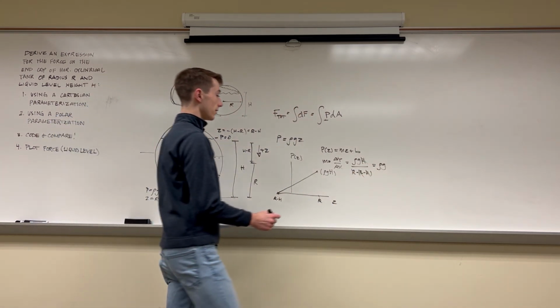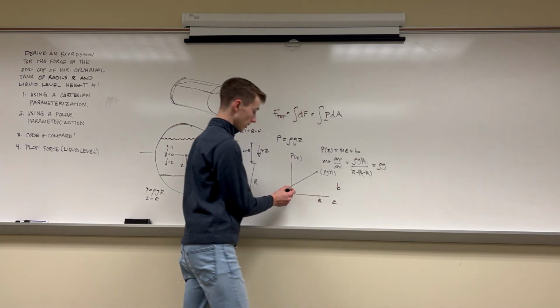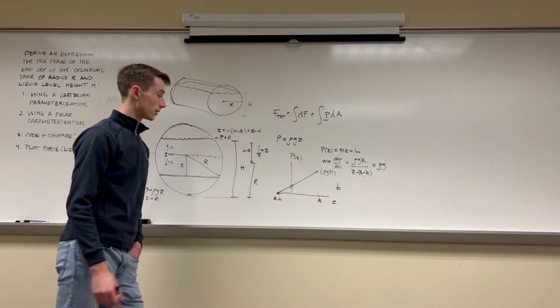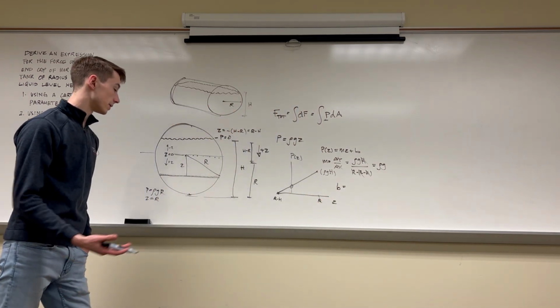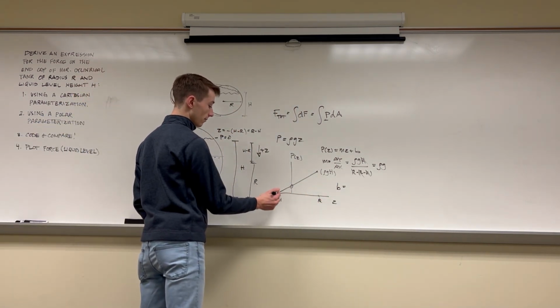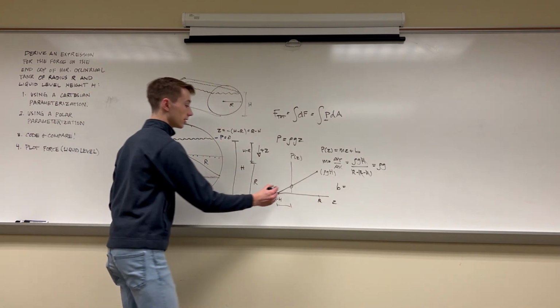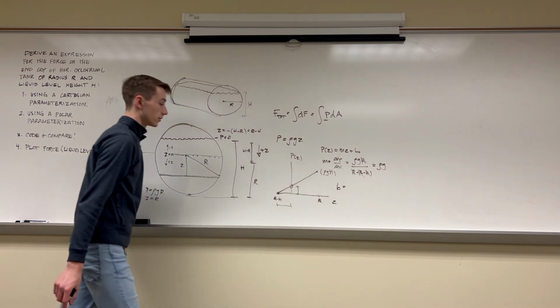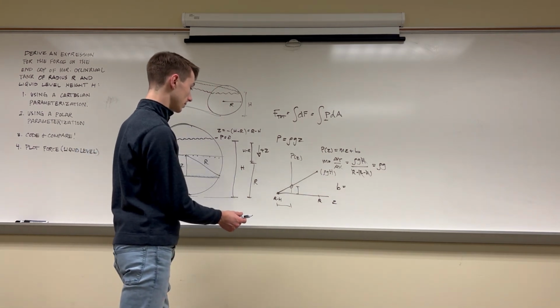And then b, our y-intercept, is right here. So what does b equal? Well, we can find b by taking the slope of the line and multiplying it by the distance, and we get the change here, which is our b, our y-intercept. So what is the slope?